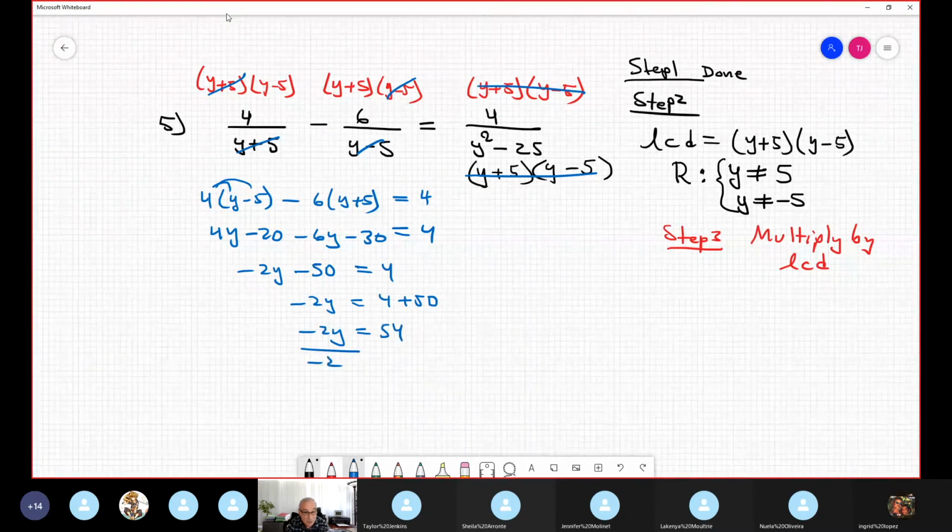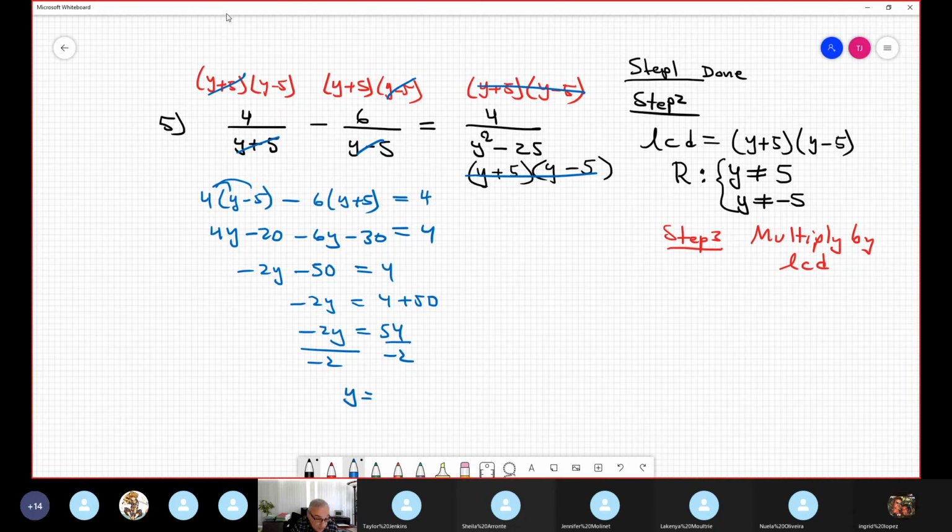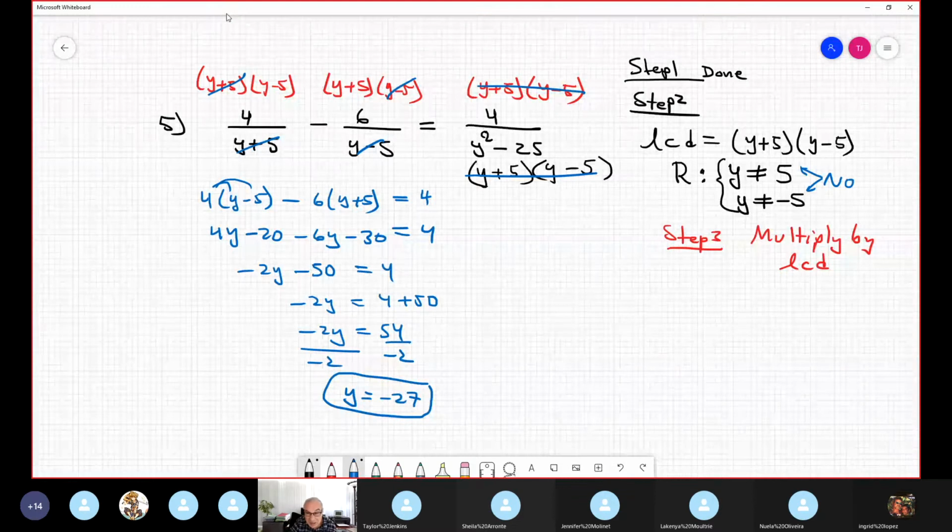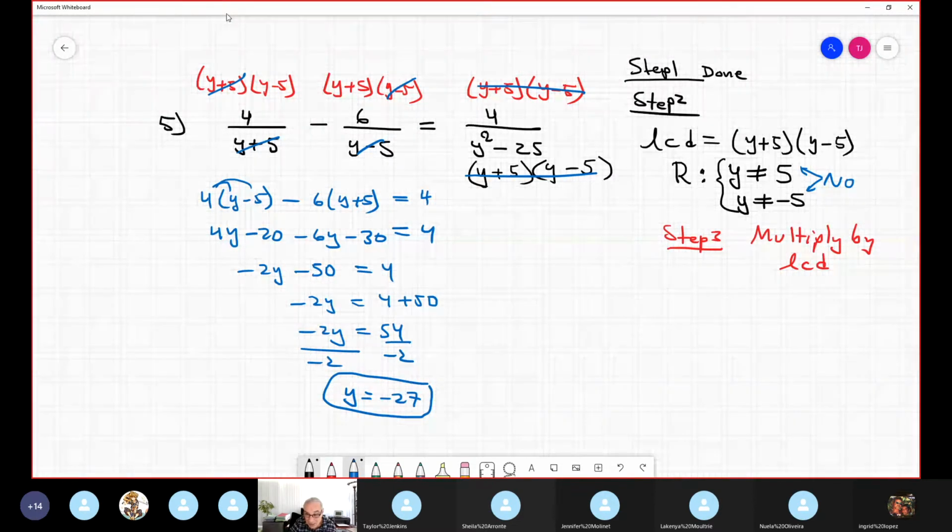Divide by negative 2, es 27, but minus. Y is equal to minus 27. Correct. And are there coincidences with the bad guy? No coincidence with the bad guy, que es 5 and negative 5. This very, very seldom can happen, a coincidence.